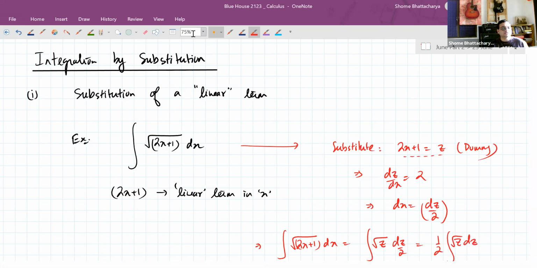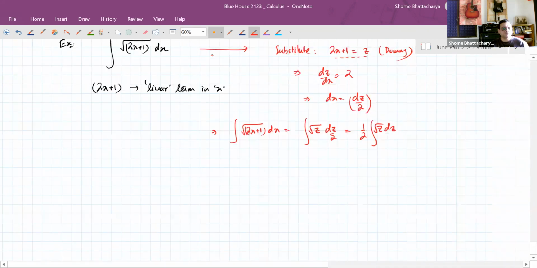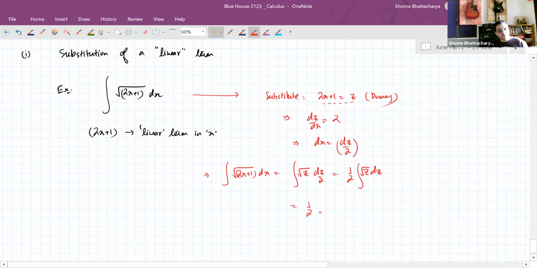Okay. Now this integration is simple enough for me because it is directly of the type single power. Okay. So now using the formula, this becomes 1 by 2 z to the power half plus 1 upon half plus 1 plus c. So this becomes 1 by 3, because half, this 2 by 3 will go into the numerator.